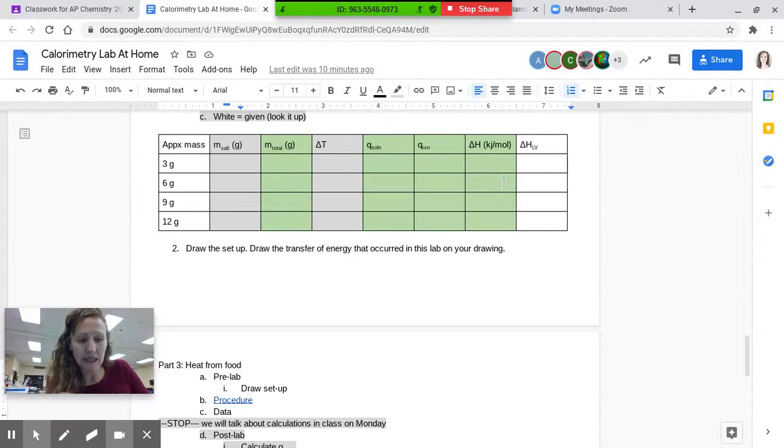So enthalpy in kilojoules per mole. So how do we find that? And it's got to be enthalpy of what? The unit should give you a hint.